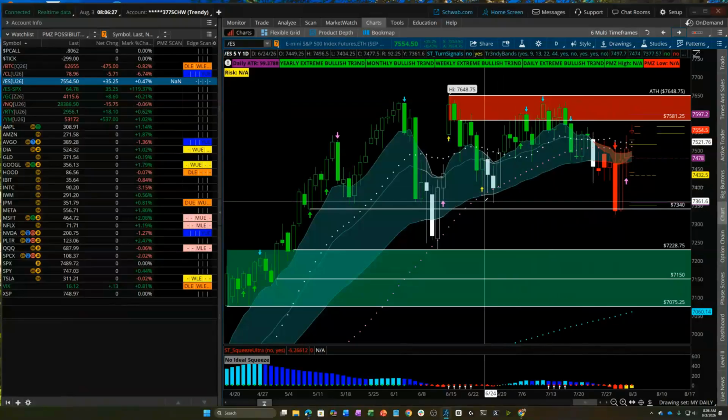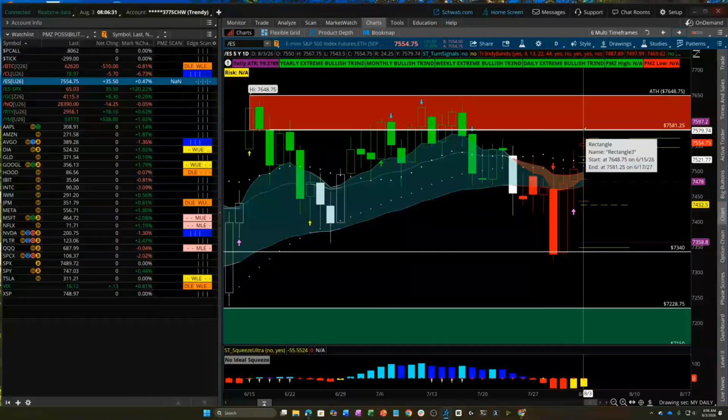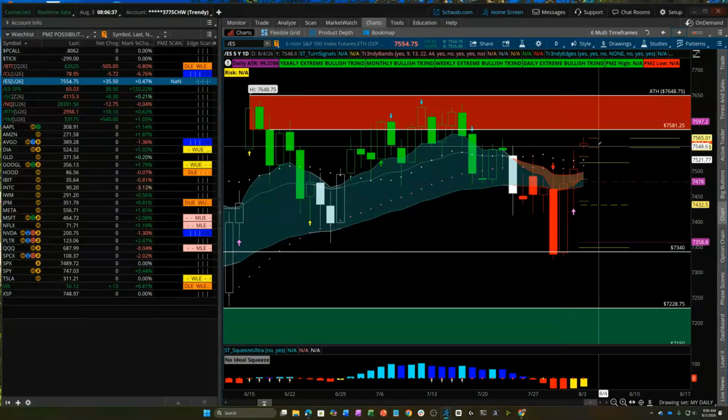Now, price is very close to supply, so I would exercise caution in being super bullish right on the open.